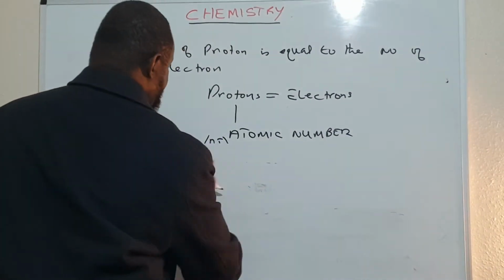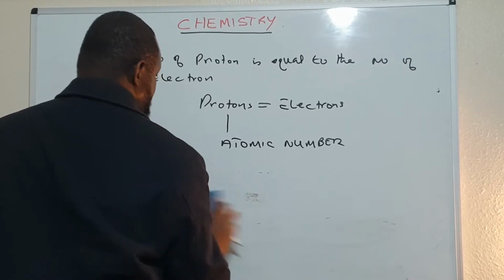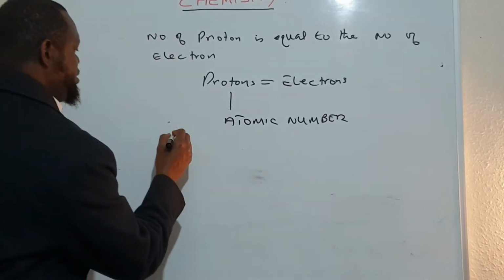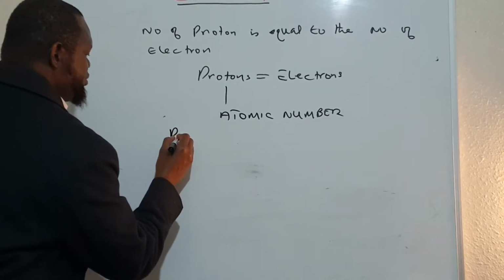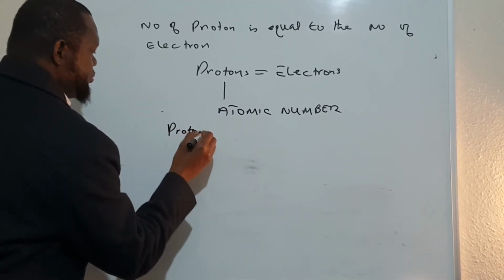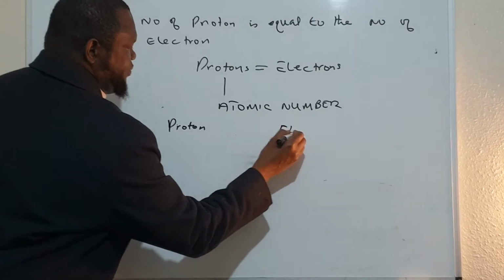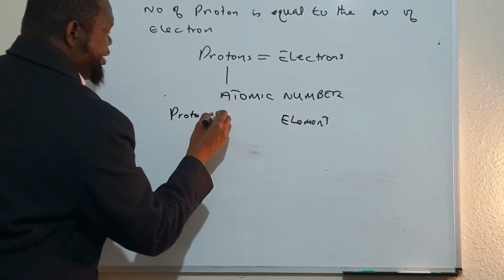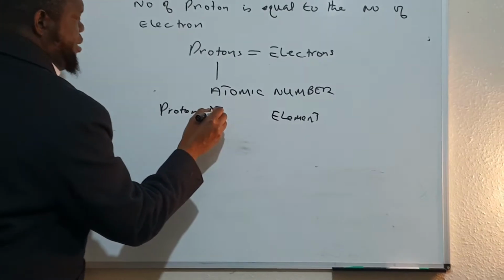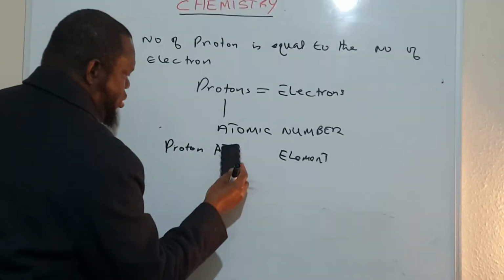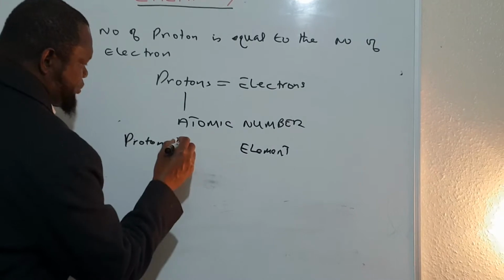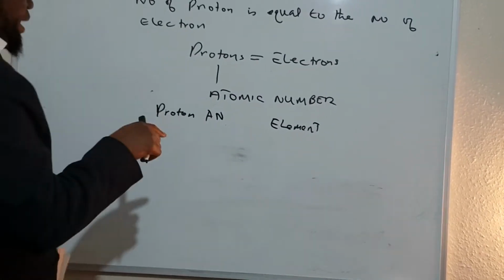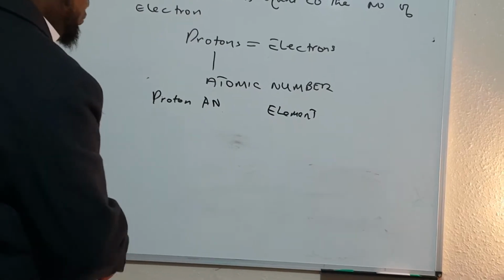Let me put this in a better way. Protons determine what type of element it is. And this is called the atomic number, or AN. So basically, I said the atomic number is the number of protons.